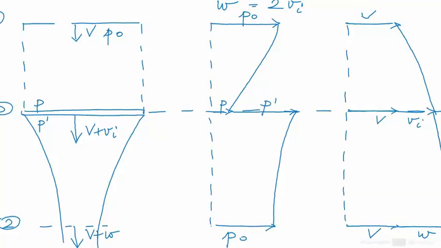So the velocity is just increasing. Now, this is a picture, and now we are going to see what are the laws that we can write in this area in actuator disk theory.